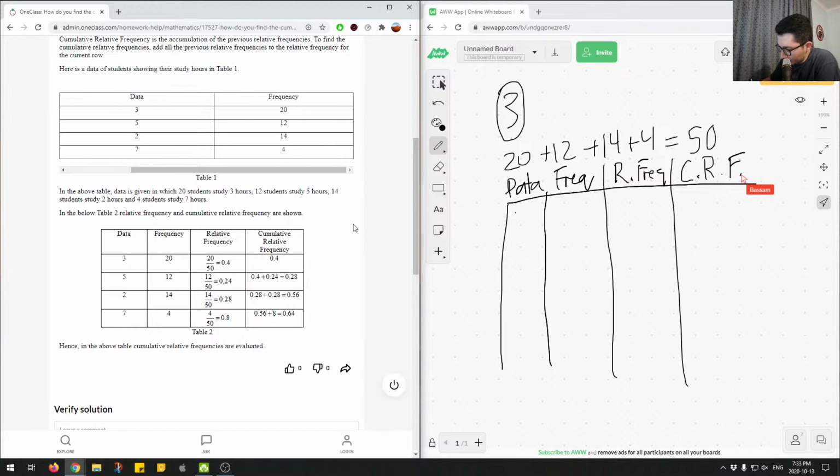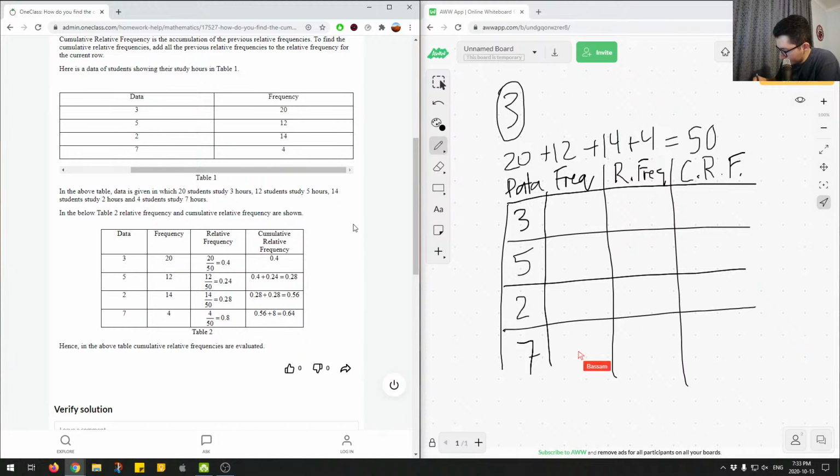We have 3, 5, 2, 7, and then for the frequency, 20, 12, 14, and 4.